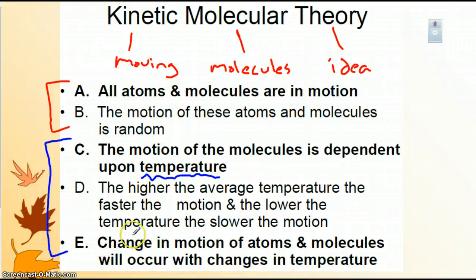The last part is a change in motion of atoms and molecules will occur with changes in temperature. That means they're able to pass loosely over each other, or they're right up close next to each other and they can't pass over each other at all. These are the three parts of the kinetic molecular theory that we will be looking at in this goal.